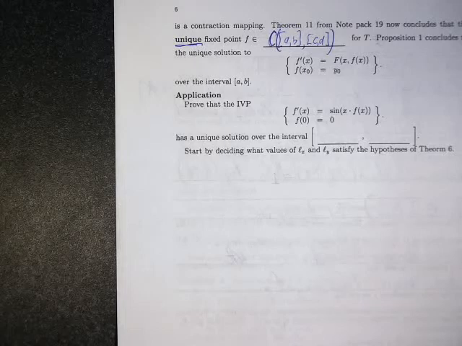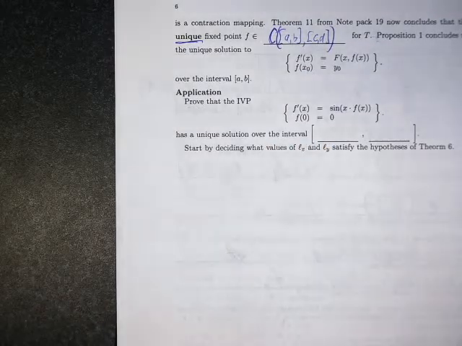So let's go ahead and use it right now to prove that that initial value problem has a unique solution, at least over some small interval. Generally, you don't expect IVPs to have solutions defined over the whole real line. This one does, though, but the easiest argument might not show it. Let's do some scratch work just to figure out how to appeal to the theorem.